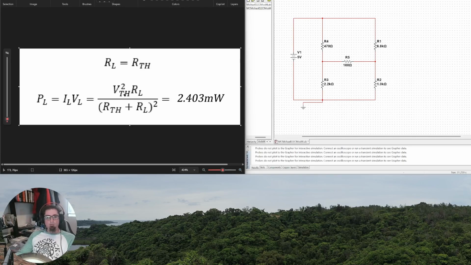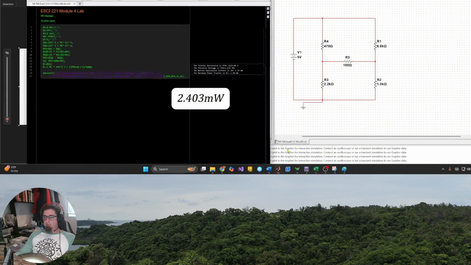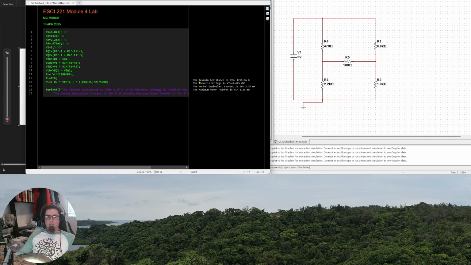I replaced the source, this would be RS in your textbook, with the Thevenin voltage, because that's what we already have and that's our source input for those. We then go through the equation, and I run all my calculations through MATLAB, and we have that equation right here. When you run it through, we end up having a maximum power of 2.4 milliwatts.